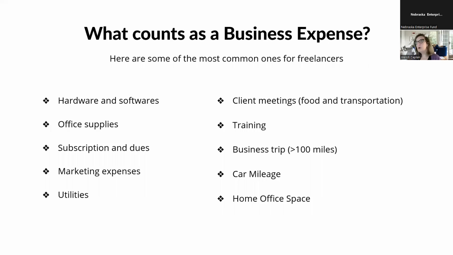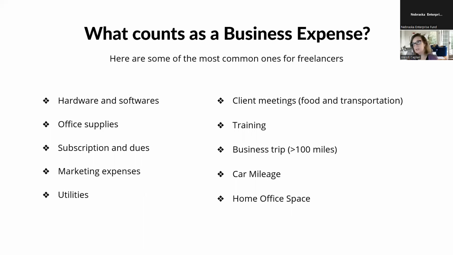So here are some common ones that are very typical for us as solo business owners. Hardware and software: our computers, any software that you're buying, Adobe software for instance, if you're using it for graphics. I am very old school. I love my pens, my pads, my sticky notes. I go to Staples, so any expenses I have at Staples are my office supplies.